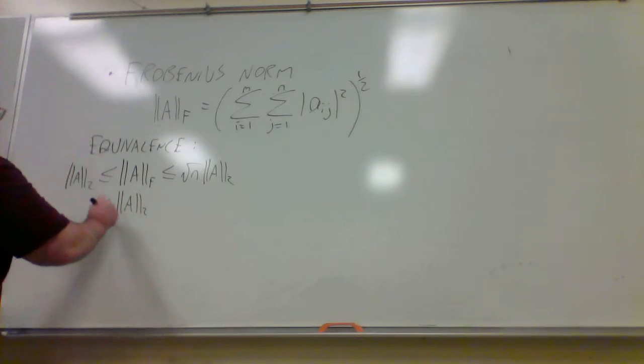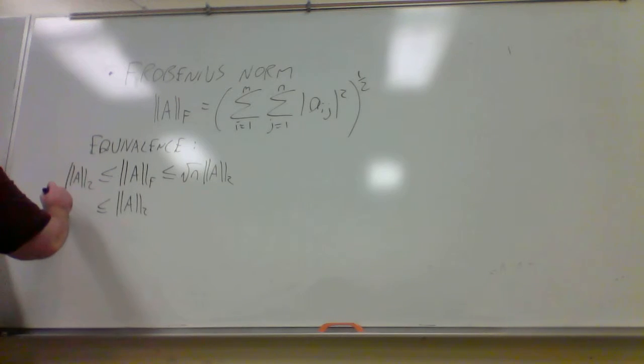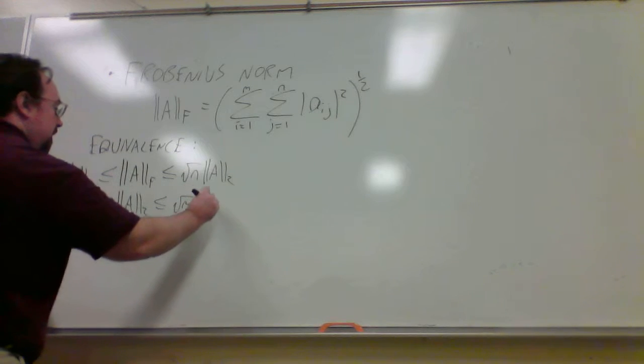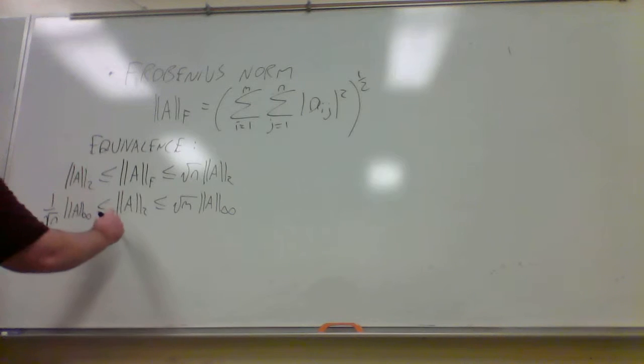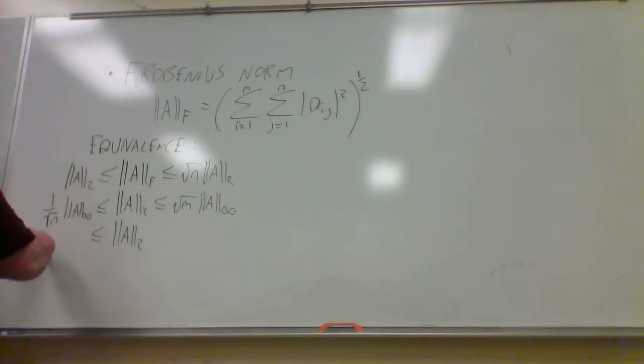The 2 norm is greater than or equal to 1 over n times the infinity norm, bounded above by square root of m times the infinity norm. And since the infinity norm is equal to the 1 norm of A transpose, I have similar inequalities relating the 2 norm and the 1 norm. I just have to switch m and n.